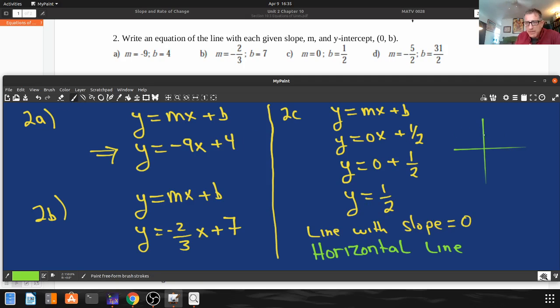So I'm going to say this point right here is 0, 1/2, and hence the line is a horizontal line straight through that point. So again, this is my x-axis, this is my y-axis, and this line right there is the line given by the equation y is equal to 1/2.